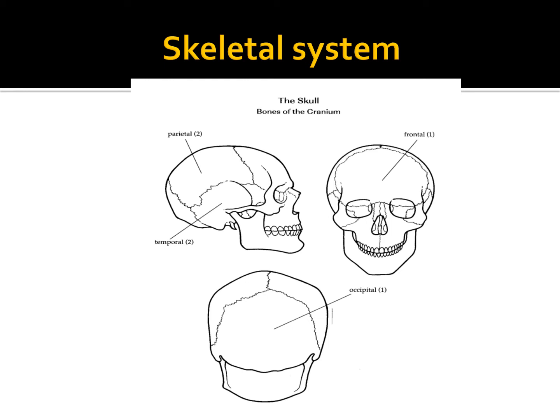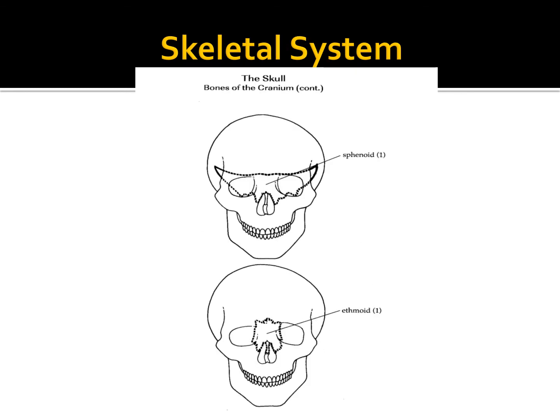And then right around your ears is your temporal bone. Then, second layer of the skeletal system, you have something that looks like a little Batman mask. That is your sphenoid bone. And then there's another bone that helps protect your nasal area and your brain, your ethmoid.